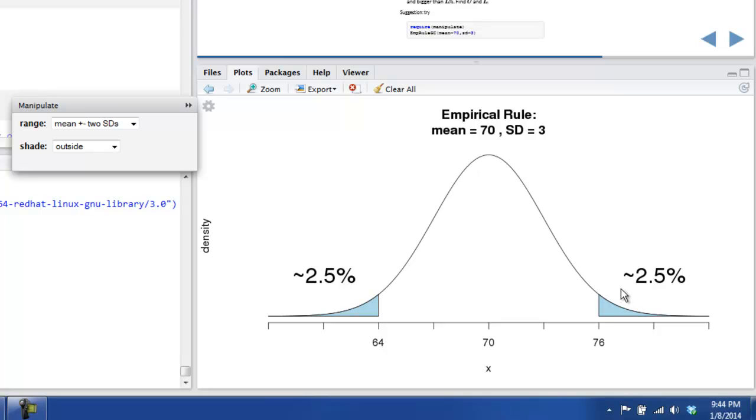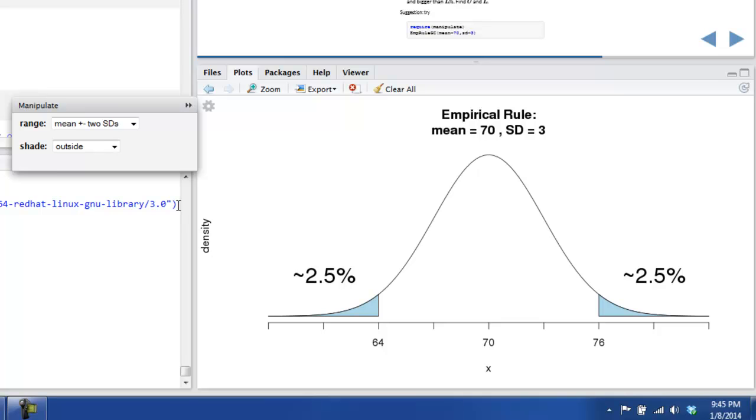So about 2.5% would be 2 standard deviations above the mean, and 2 standard deviations is 6, so 2.5% of the population would be 76 inches tall or more, and 2.5% of the population would be 64 inches tall or less.